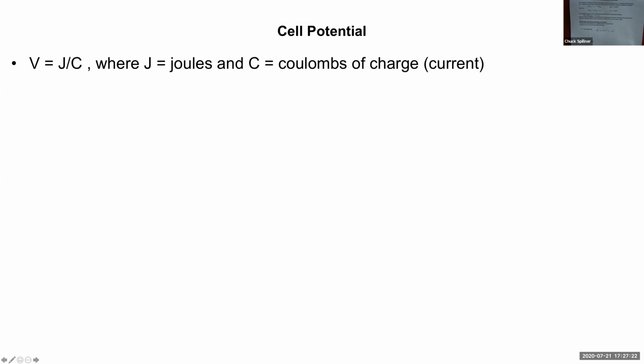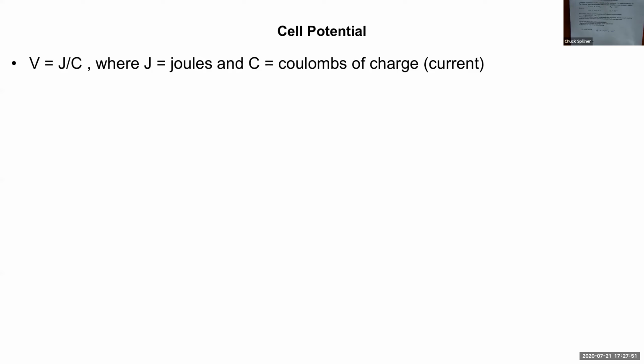The volt is defined as joules over coulombs. Where joule, we know, is an energy unit. There are lots of units that we use for energy. Joules, calories commonly in chemistry, but there are lots of others. Ergs. We learned that a joule is a kilogram meter squared per second squared or something; I have to go back and look again.